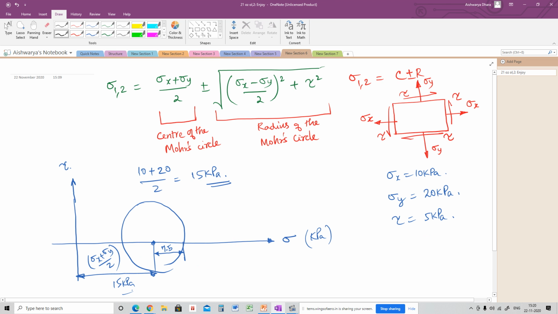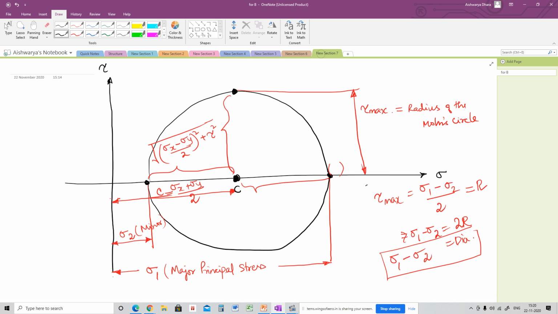Here we have seen that this value is equivalent to the radius of the Mohr circle, so this can also be written the same way. Either way, they will ask you one or the other question from this particular concept.